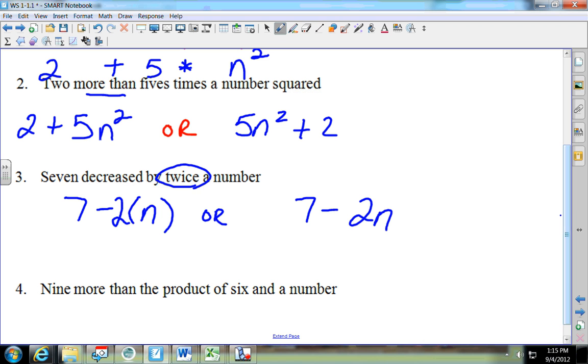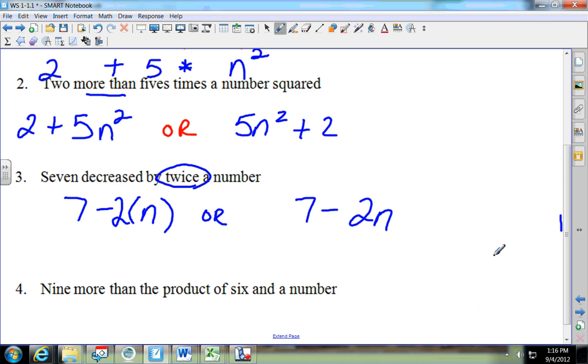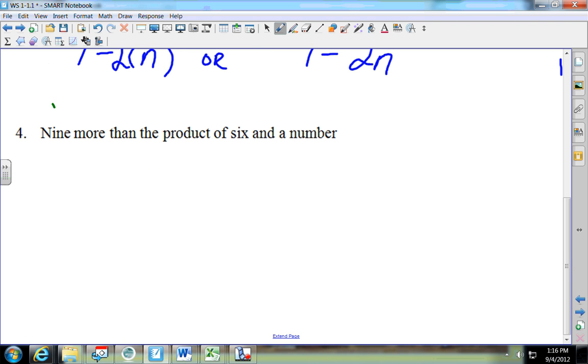Next one, take a minute and try and do this one. So if you're at home watching this, pause the video and come back and see how you do. Okay, so number 4, it says, let me move this up. It says 9 more than the product, which means to multiply, 6 and a number. Now I did use an x, but I'm not using it as times. I'm using that as my variable.